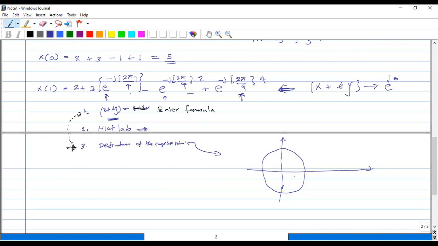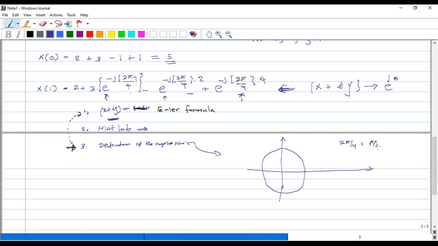If I divide it into 4, you know that 2π by 4 is π by 2, that is 90 degrees. So this will be my first position, and after 90 degrees I will have one position. Again, after 90 degrees I have another position, and here I have another position.